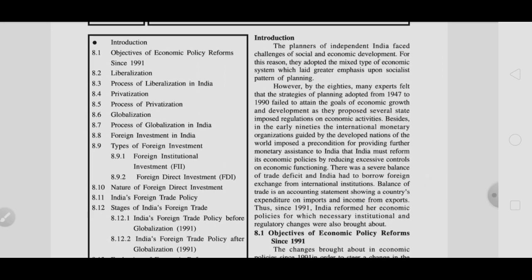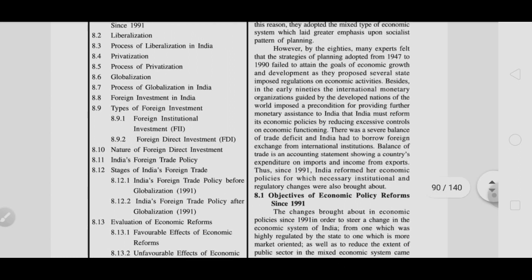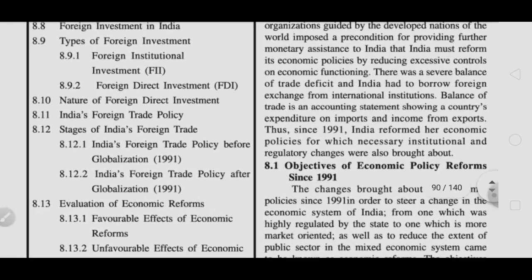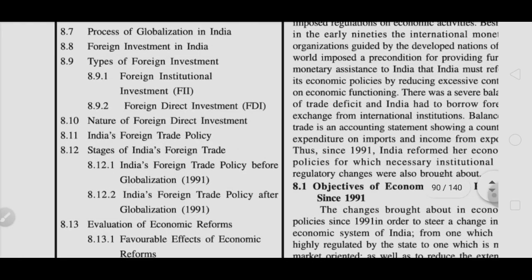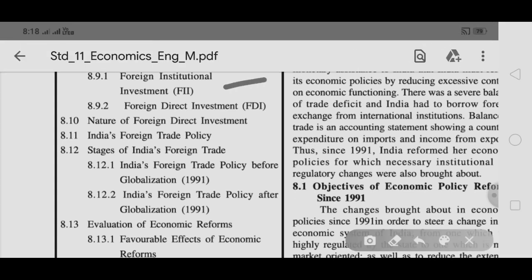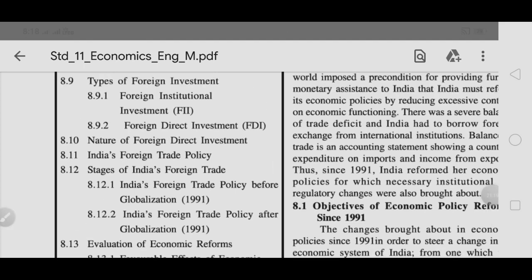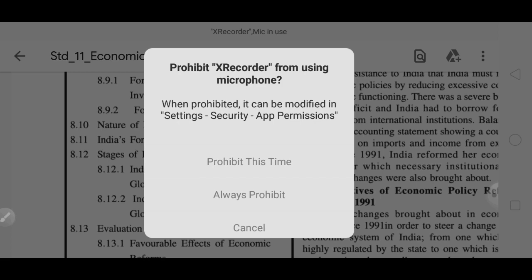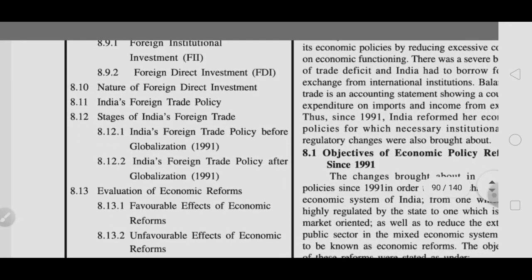This chapter is divided into parts. The first part is what I just described. The second part is all about the types of foreign investment. Basically, there are two types of foreign investment. First one is foreign institutional investment, which is related to the Indian economy and stock market, while the second one is foreign direct investment. Here we are going to discuss both points in detail.